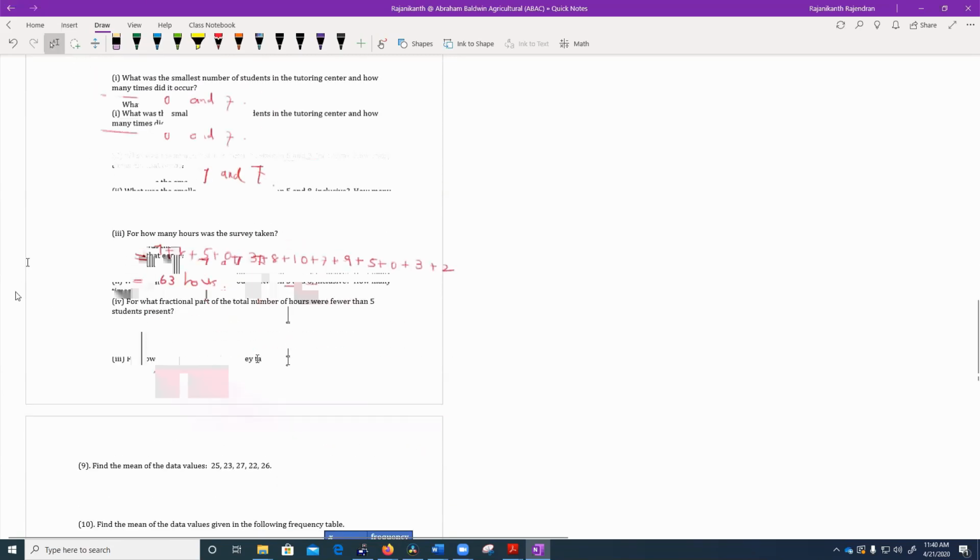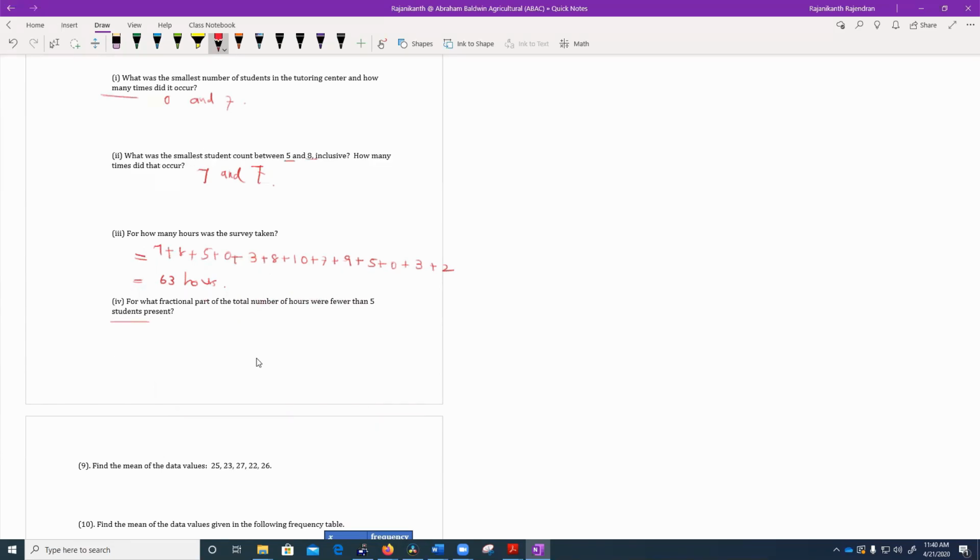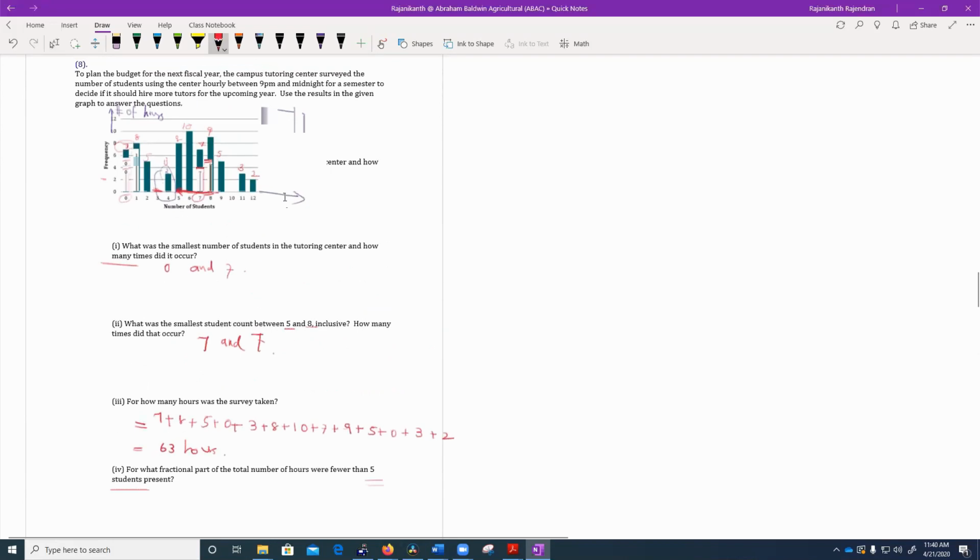Okay. So the next part, among these 63 hours, for what fractional part of the total number of hours were fewer than 5 students present? So you are counting how many hours I had for fewer than 5 students. Fewer than 5 students means which corresponding bars. 5 is here. So fewer than 5 is from 0 to 4, right?